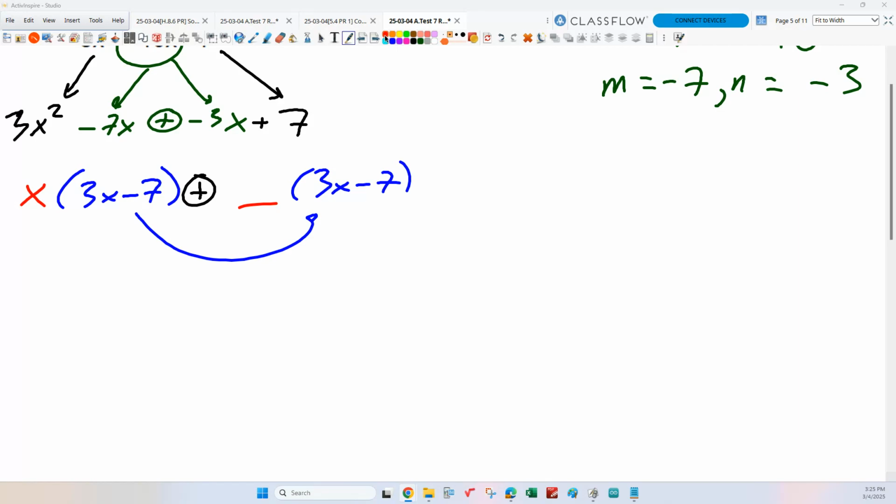Everybody agree? Negative 1? Okay, so then we're about done. I factor out the binomial, and what's left behind if I undistribute that? X plus negative 1, which is just x minus 1, right?